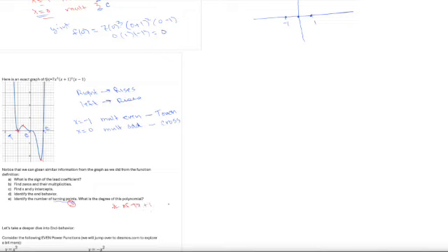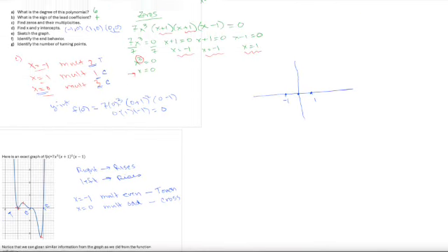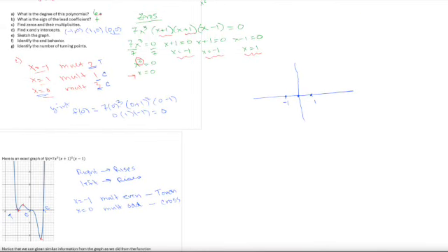So since we have 3 turning points, the degree will be at least 3 plus 1, or 4, or even numbers beyond that. So 4, it could be 6, it could be 8. And notice, what did we say the degree was? The degree was 6.